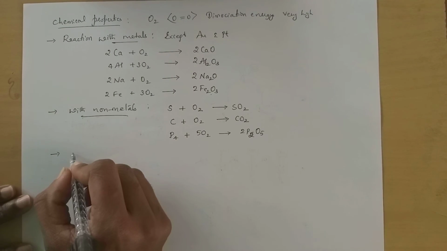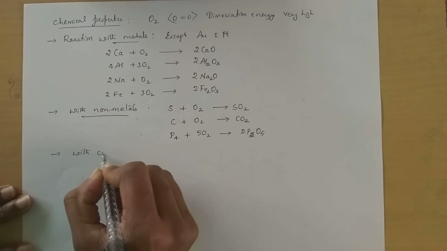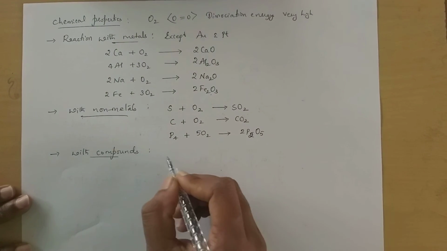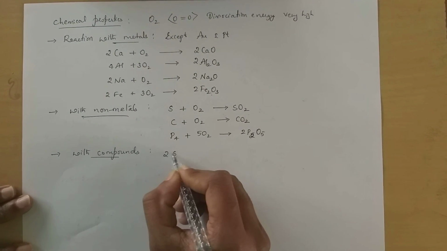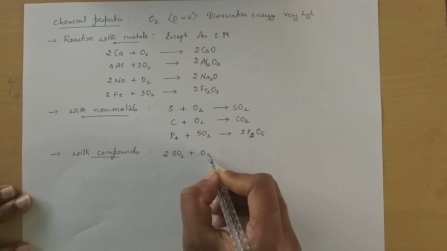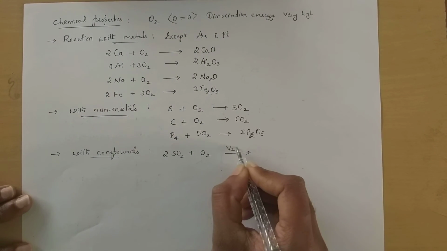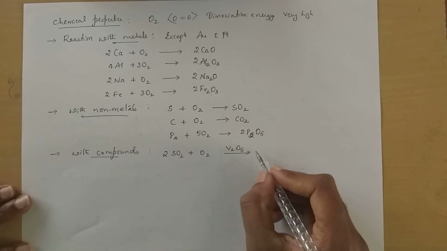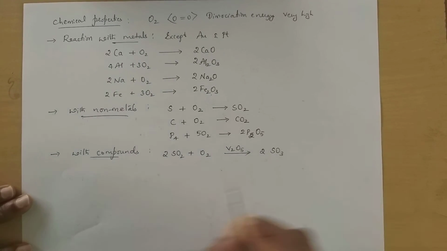Next we have reaction with compounds. Sulfur dioxide reacts with oxygen in presence of V2O5, that is vanadium pentoxide catalyst, to give sulfur trioxide.